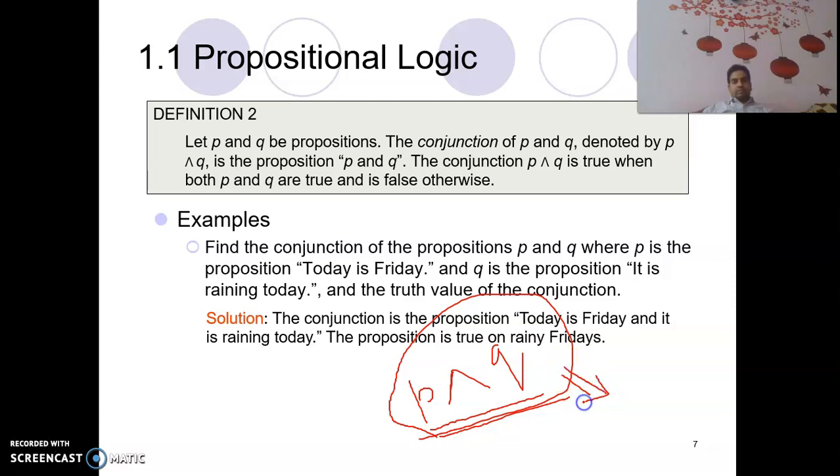When it is true or false will depend on the value of p and q. If p and q both are true, then this proposition will return true. This proposition p conjunction q will only be true if p and q both are true.